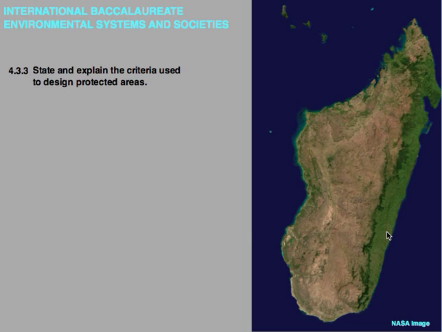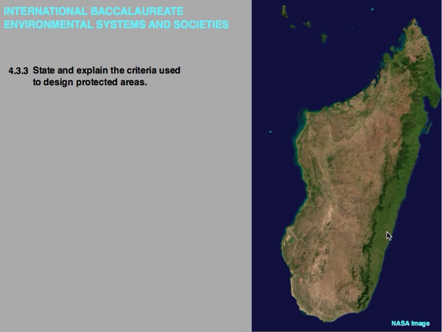This topic, however, looks simply at the specifications required in the design of a protected area and puts aside for the time being the real socioeconomic issues which dictate whether or not an area can be protected and how well it can be protected.